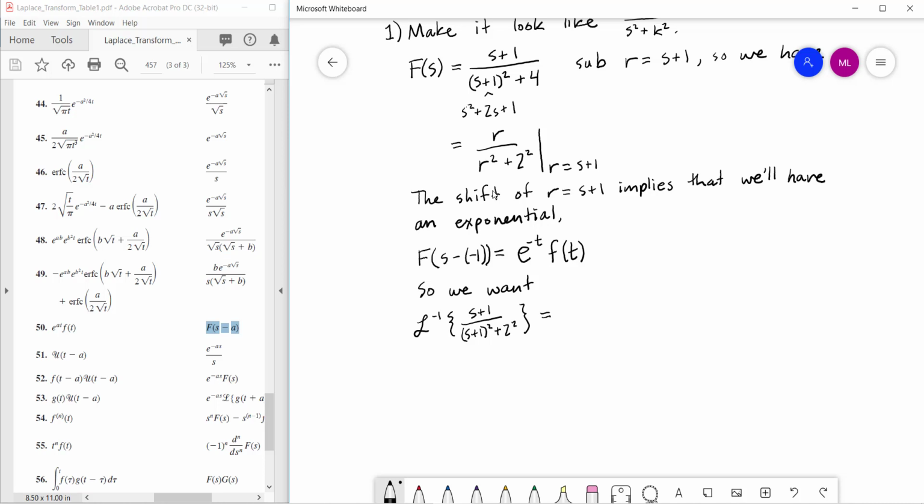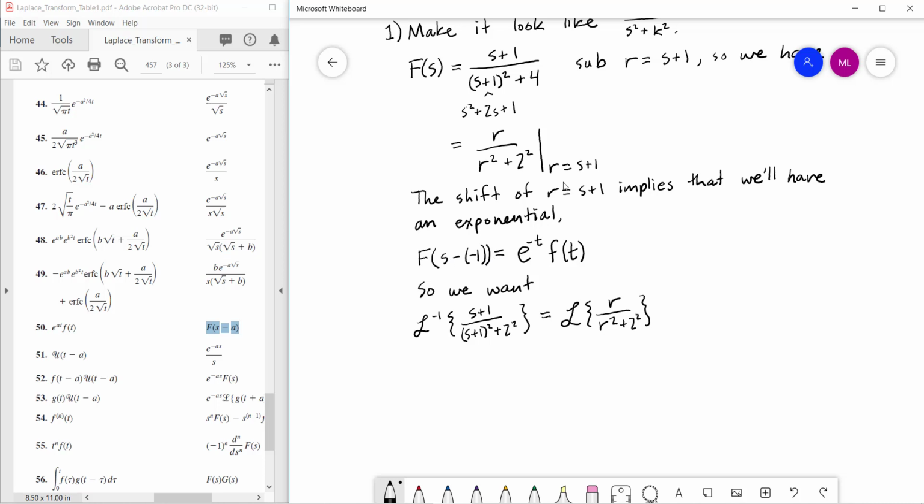We can think of this as the shifted version of, if this is our f of s, we can instead write it as an f of s plus 1, or in this case an f of r. I'm just using a different variable, r, so that we would have two different variables to work with. This is the same thing as the Laplace transform of r over r squared plus 2 squared, where r is evaluated at s plus 1, which causes this type of shift.